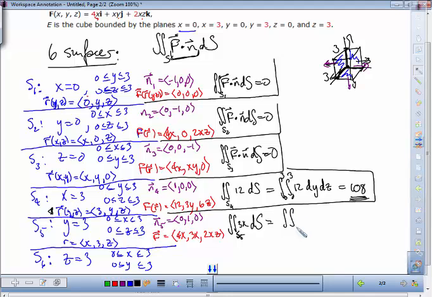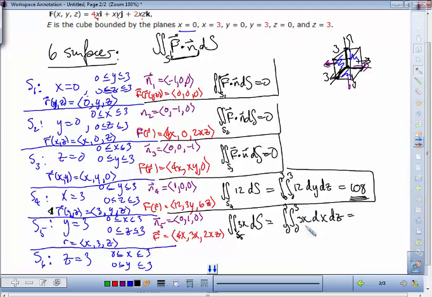So it's a double integral now of 3x dx. X goes from 0 to 3. And dz goes from 0 to 3. Is it 3x? It's 3x. So integrate with respect to x. That'll be 3x squared over 2.